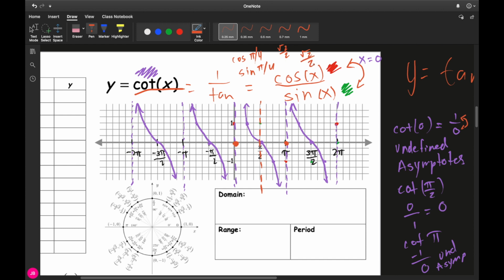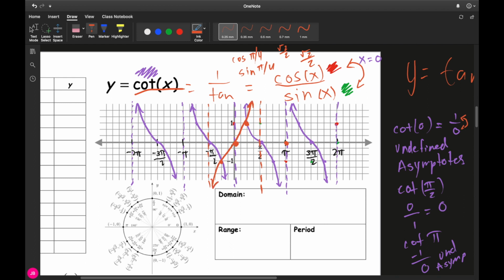And so these two values are going to be the same. So in reality, we're going to have the same point, whether it's cotangent or tangent. But the difference is going to be that since this point is on different sides of this asymptote, while cotangent goes down on the right side, tangent actually goes up on the right side.